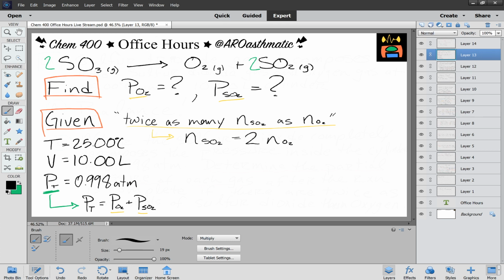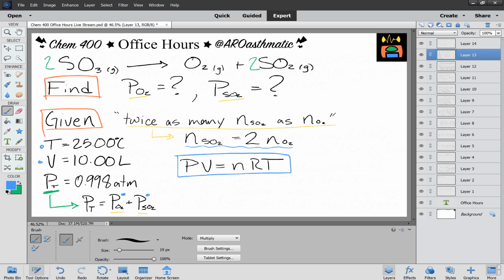All right, you'll notice that here we're being asked to find pressures, right? We're given volume, we're given temperature, and we're told something about moles. Whenever you're dealing with moles, temperature, volume, that makes me think of the ideal gas law, PV equals nRT. That's what relates all of these together.